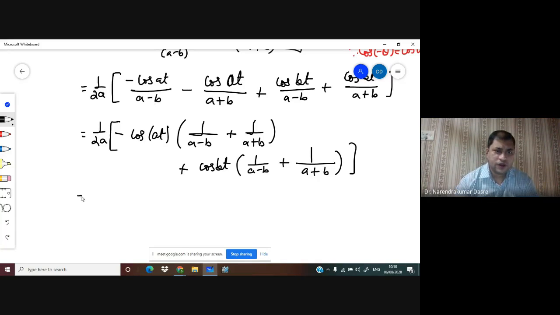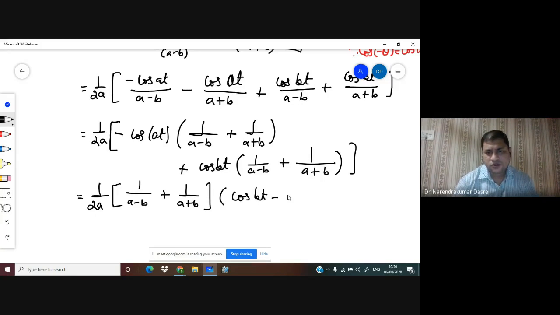Now we have 1 upon 2a, and we can see this term is common. So I'll have 1 upon a minus b plus 1 upon a plus b, and here we get cos of bt minus cos of at.